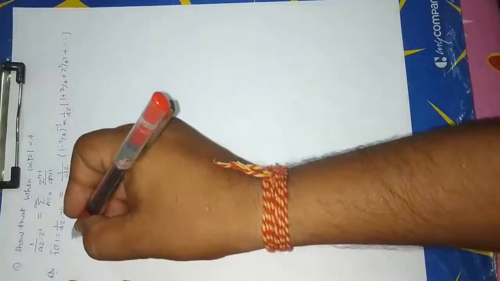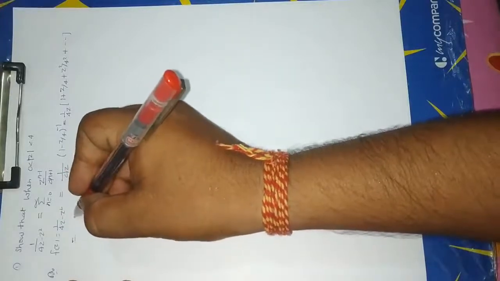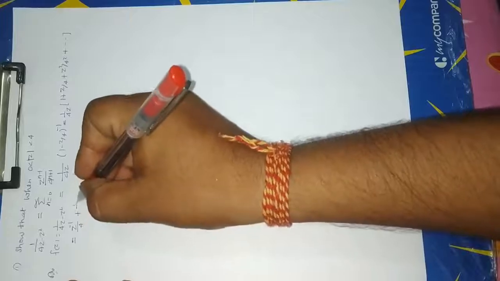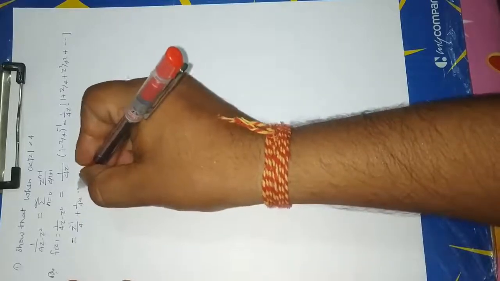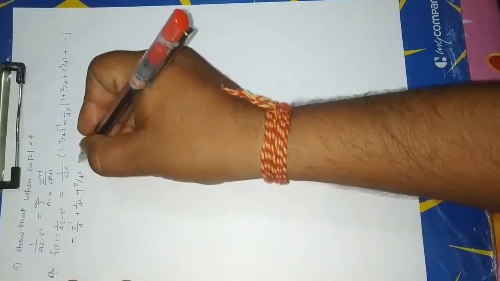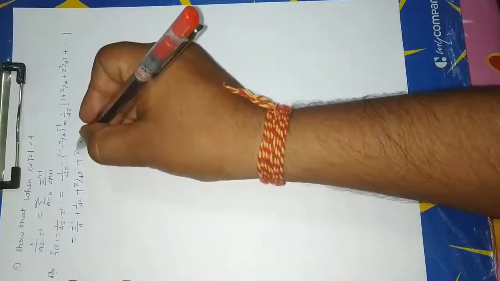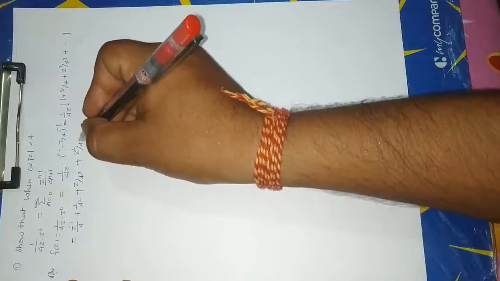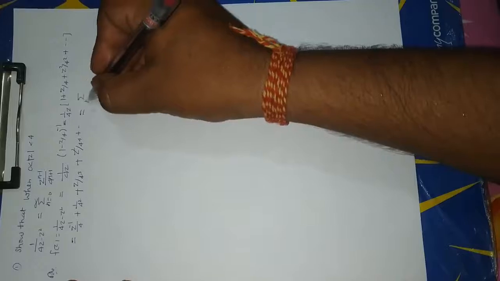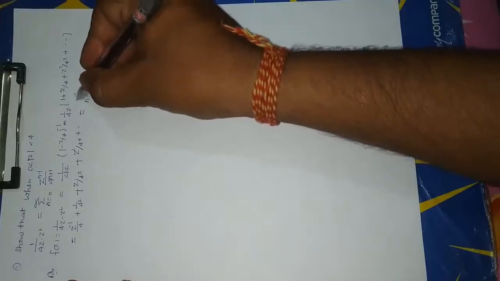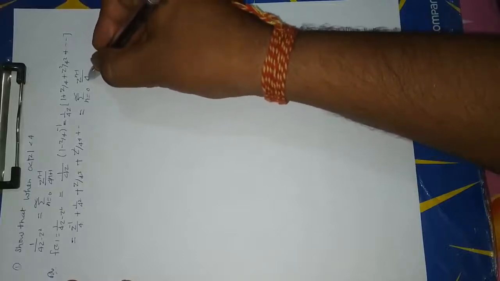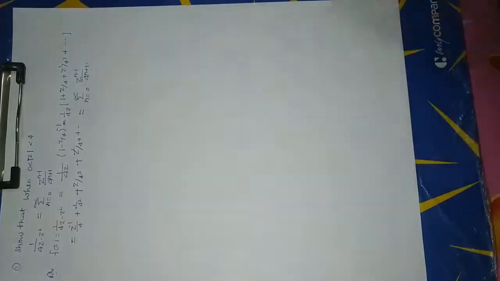This is equal to z to the power minus 1 upon 4 plus 1 upon 4 square plus z upon 4 cube plus z square upon 4 to the power 4 plus up to dot. This is equal to summation n is equal to 0 to infinity z to the power n minus 1 upon 4 to the power n plus 1. Okay student?